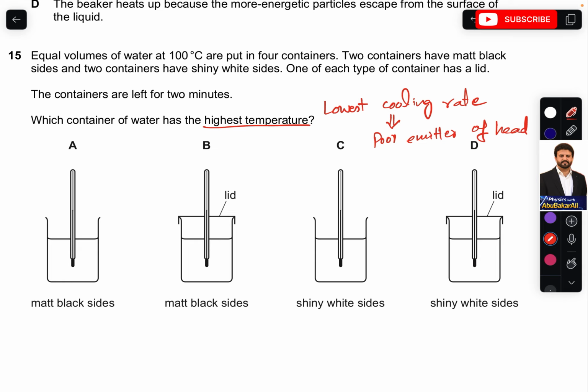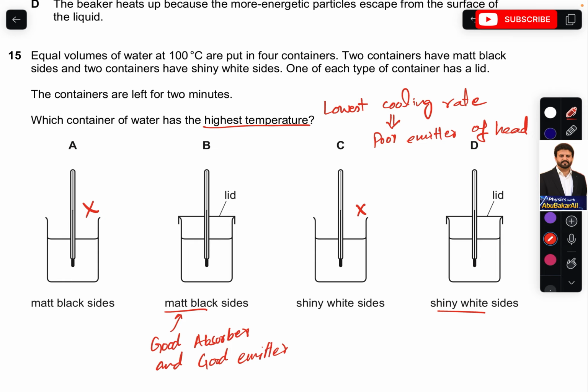So first of all, these two without the lid we will not choose. We will choose with a lid. Whenever there is a lid on something, it will reduce the heat loss. So we have to choose between B and D. Now B is matte black, whereas D is shiny white. You know, matte black is a good absorber and good emitter as well.